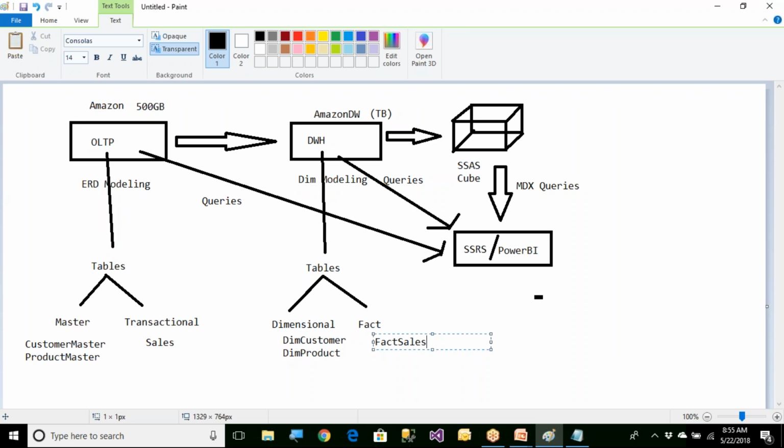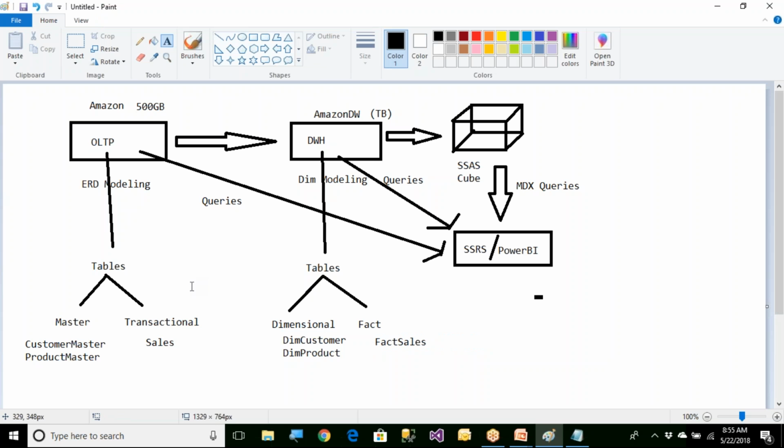This is a very simple design, but is this the way people are going to design the data warehouse? The answer is no. This is only for understanding. When you see an OLTP database, for a layman's understanding of how we can create a data warehouse, you can simply tell them to take all the master tables and convert them into dimensional tables, and take all the transactional tables and convert them into fact tables.